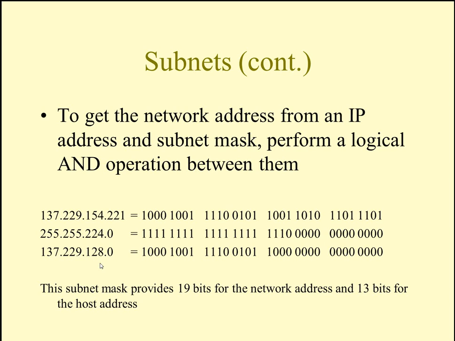The subnet address is 137.229.128. And then with this subnet, we have 1, 2, 3, 4, 5 plus 8, which is 13 bits left for the host address. So that would be 2 to the 13 potential hosts on this network, which is approximately 8,000. 8,192 is the exact number that we have.